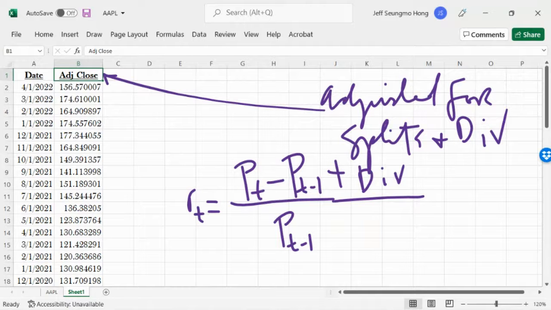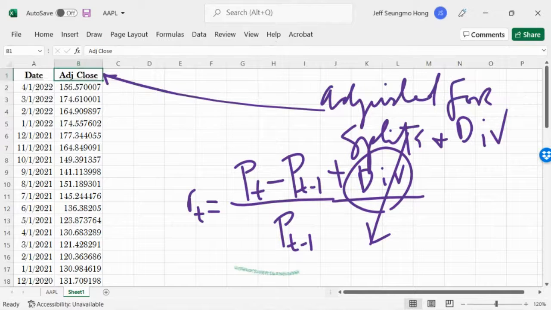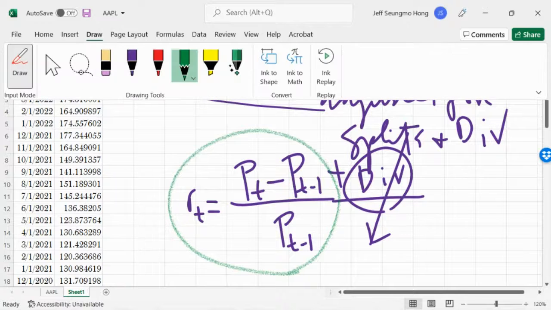Two other months, we don't have this. One month, we have this. So it's going to be inconsistent. So to make it consistent, we use adjusted close price. Then no problem. We can work with just this formula, right?